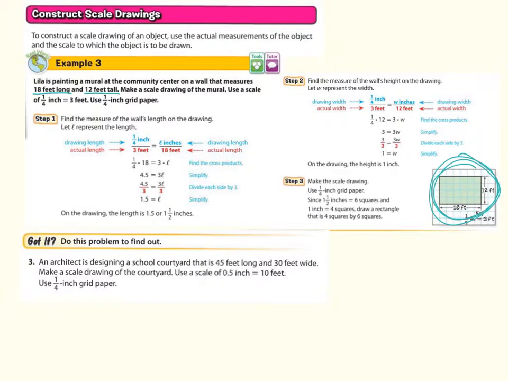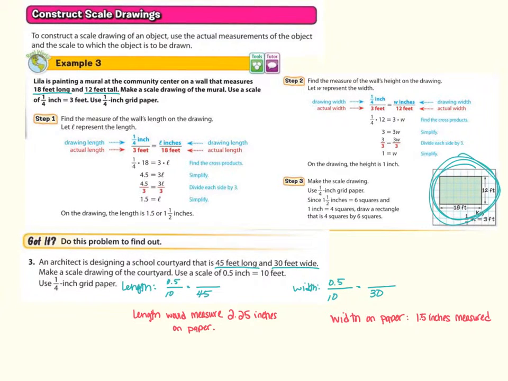You have your 45 feet long and your 30 feet wide dimension. So what you're going to do is have two separate proportions. In those two separate proportions, you're going to have the scale as your first fraction. Set it up and solve it. Pause your video, push play when you're ready for your answers.